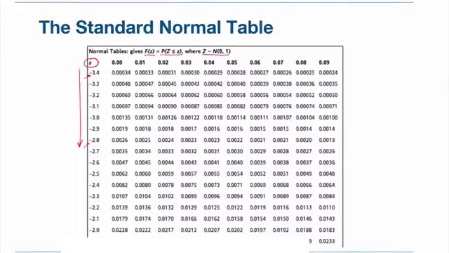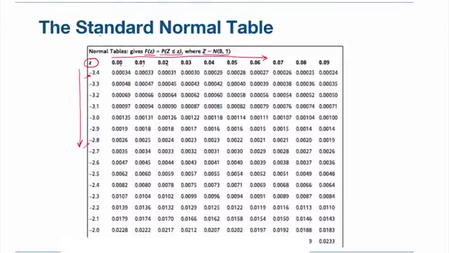In this part of the table we're looking at negative values for z. So your first step is to look for the value of z down the left-hand side of the table, and then you move across the top of the table to look for the second decimal place. Here you would see 0.00, 0.01, 0.02.